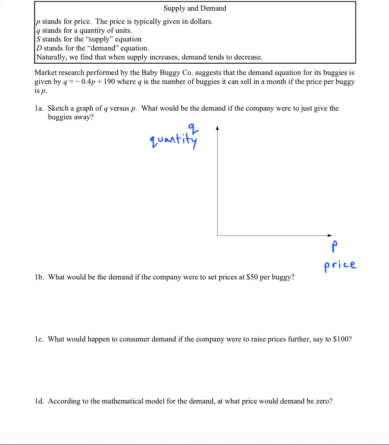Now let's sketch a graph of what this function would look like. Well, it starts up high at 190, that's the intercept. It's got a slope of negative 0.4, so it's sloped downward.